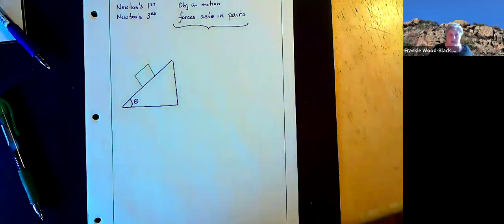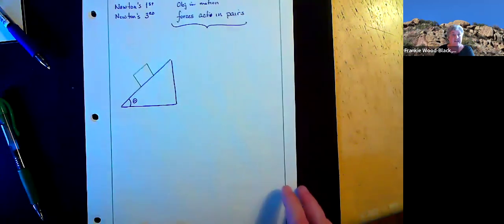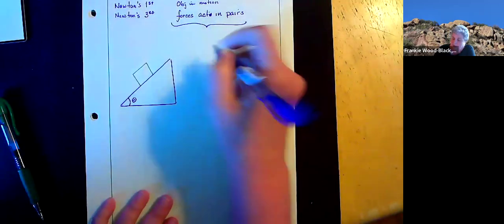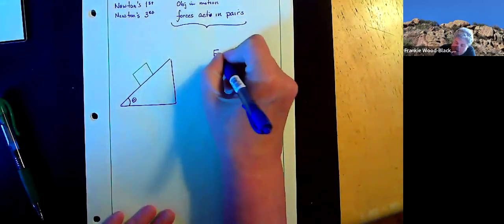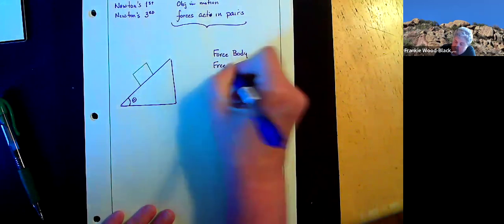Now, the reason I did that is because we want to talk about the forces that are in place. And we want to talk about the things that keep our forces in there. So we want to do what we call a force body diagram or a free body diagram.